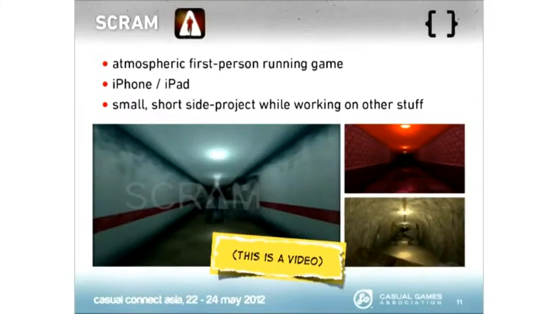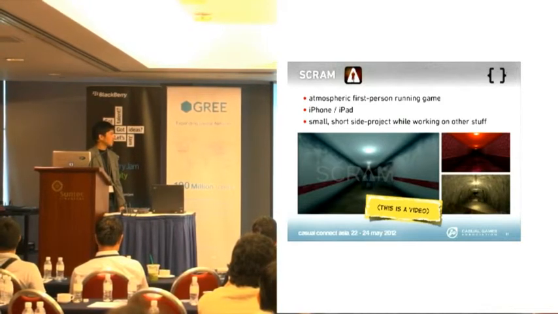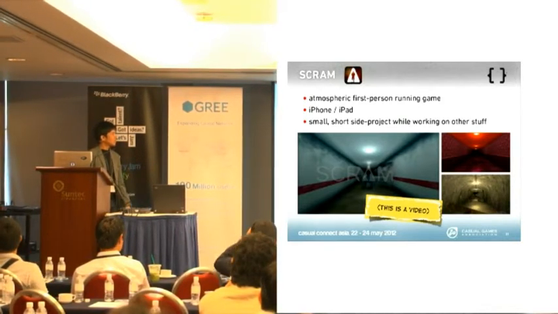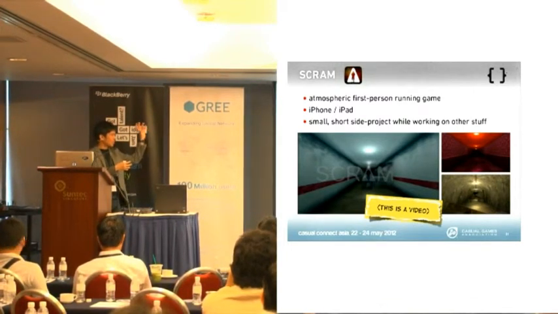But it's a little dark, so oh well. Okay, you can't really see it that well here. But basically, what happens is that you're running through corridors, and then there are these lights up top, and they're constantly shutting off.